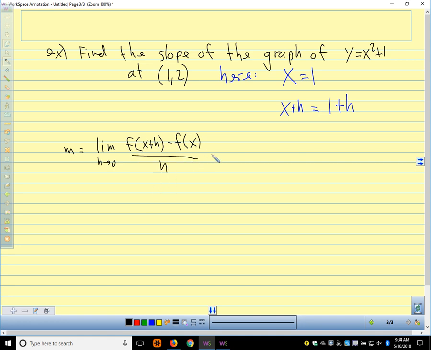And in this case, f of x plus h, x plus h is 1 plus h. And we're going to plug 1 plus h into our function everywhere we see x. So (1 plus h) squared plus 1. This is f of x plus h, minus f of x. Well, f of x is 1 squared plus 1. And we're going to divide that by h.